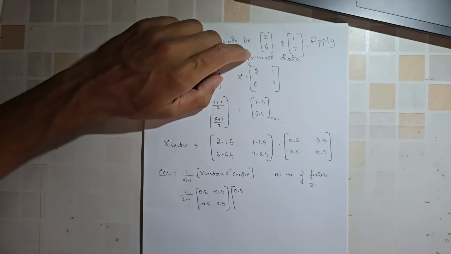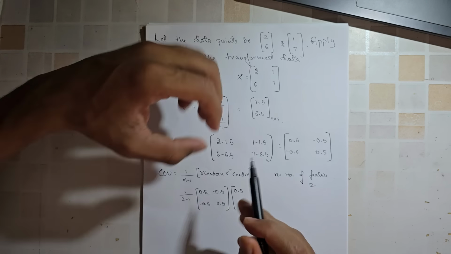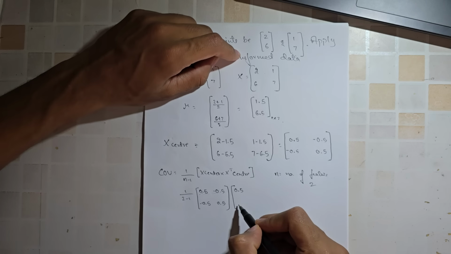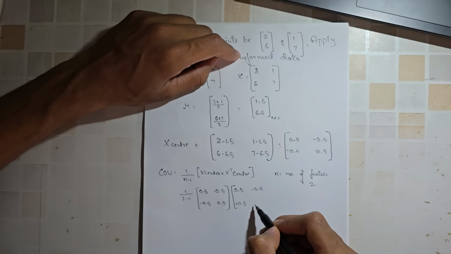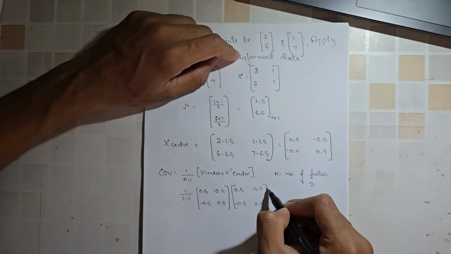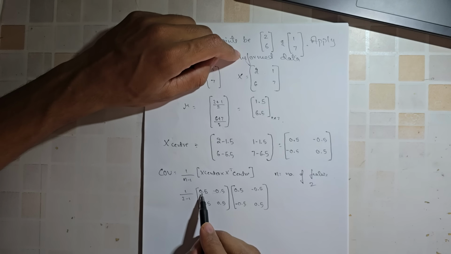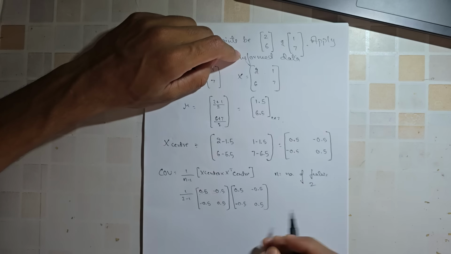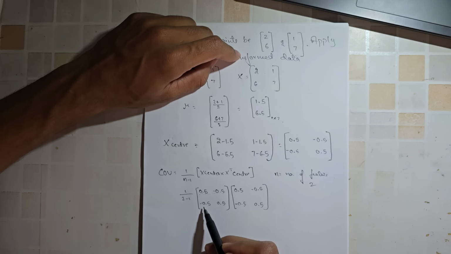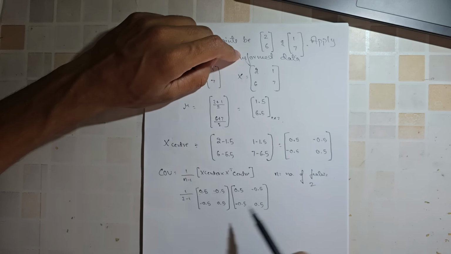This will become like this, but here both are same. It's not changing, because even if you take the inverse of transpose, the value remains same. See, I'll write here. So 0.5 and minus 0.5 is a row, it will become a column. What will become? 0.5, minus 0.5. This will come here. See, it's the same.